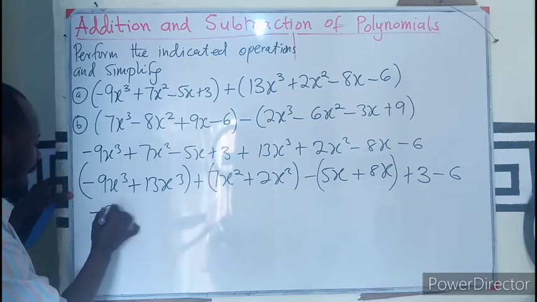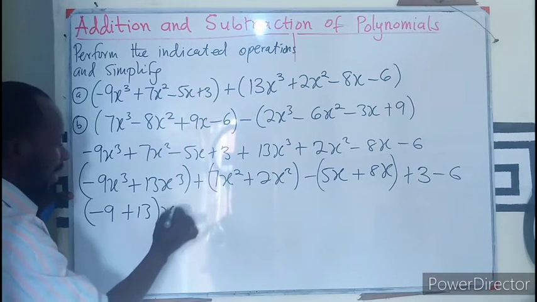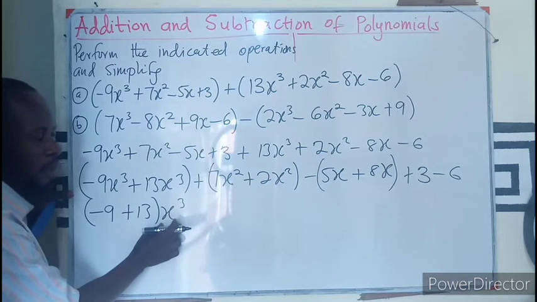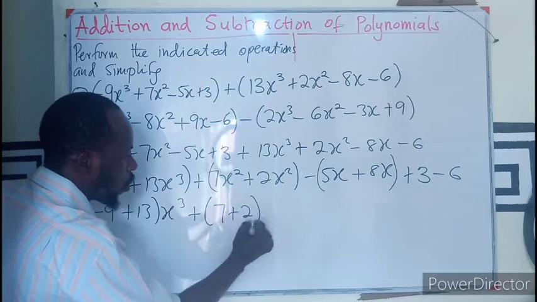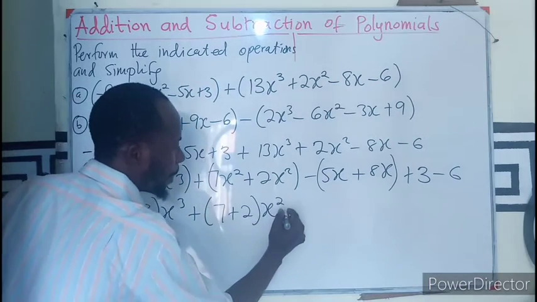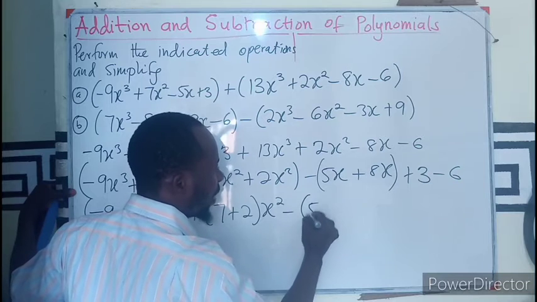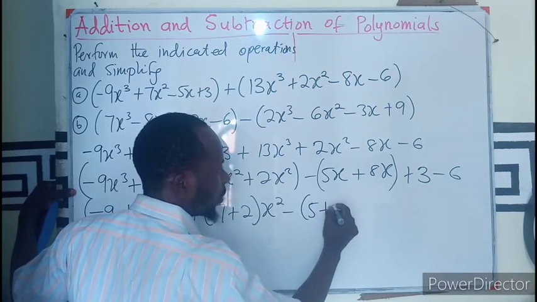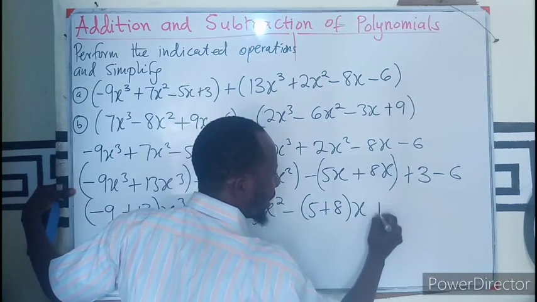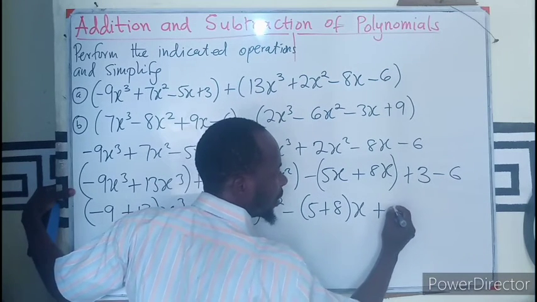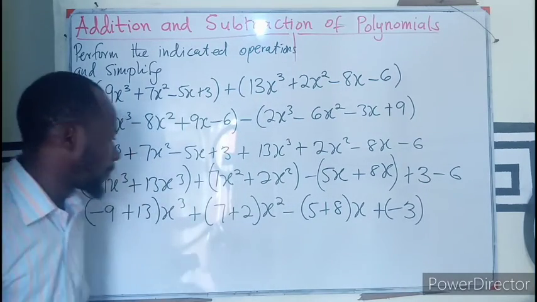As in minus 9 plus 13 in one bracket, x to the power 3 is the common factor, plus 7 plus 2, common factor will be x squared. Then here we are going to have minus 5 plus 8, all having x. Then I have negative 3 as that subtraction.